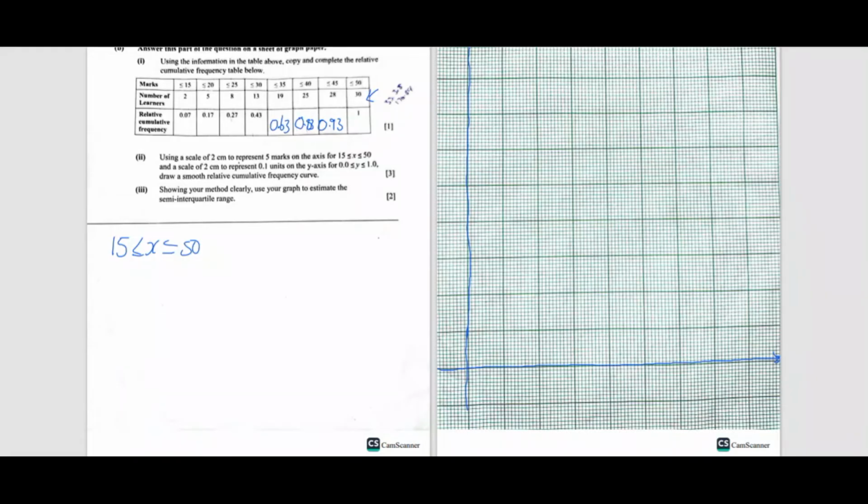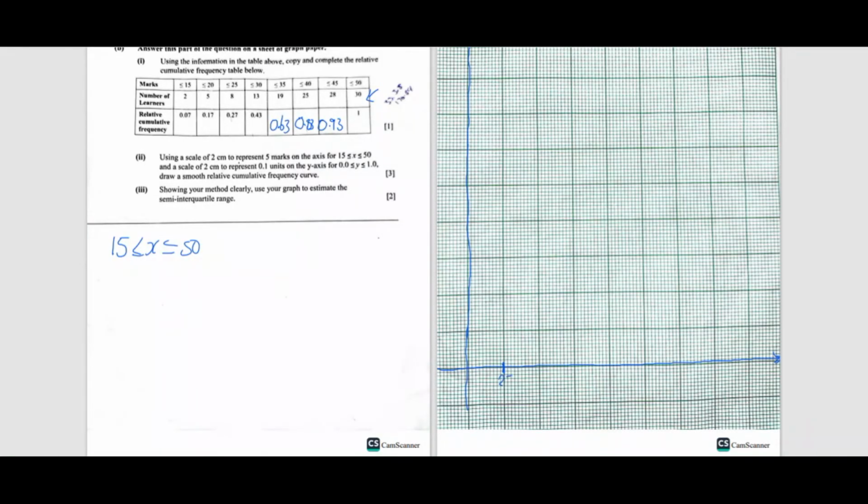So let's check if we can start from 0. If this is 0, 5, 10, 15, 20, 25, 30, 35, 40, that won't fit. So let's say we begin from 25 here.